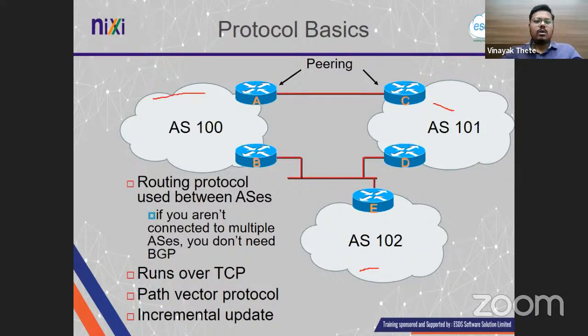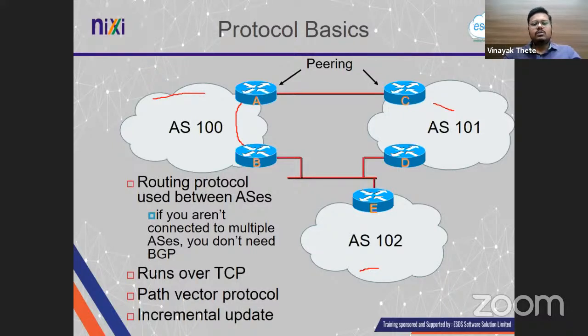The routing protocol used between the ASes is eBGP, and if you aren't connected outside the AS, then BGP is not required. An IGP can be used for connectivity between A and B, which are within the AS. We'll talk about that later: there are two types of BGP, iBGP, which is used within an AS, and eBGP, which is used outside the AS.